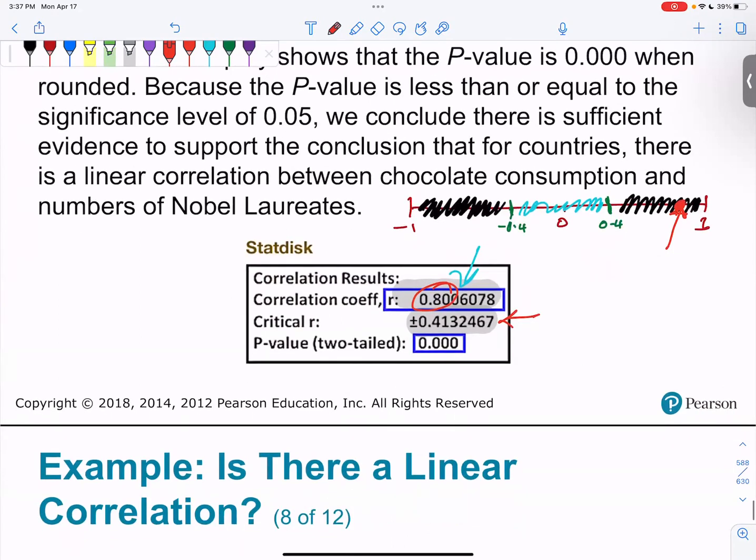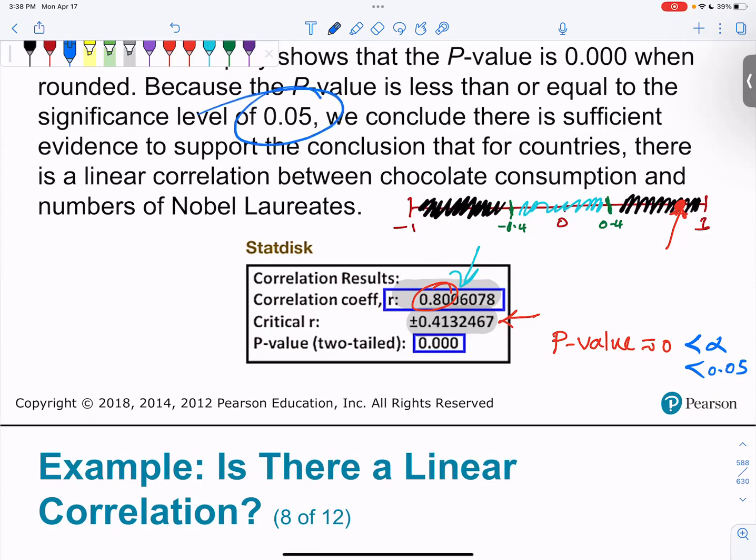And then if we look at the p-value, let's say very close to 0, and this value is less than alpha or less than 0.05, okay, just here.